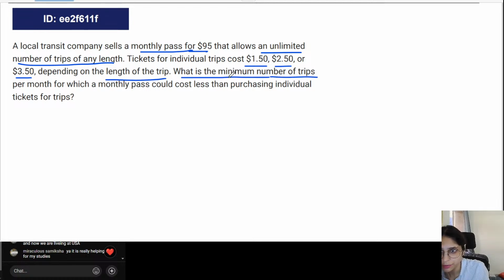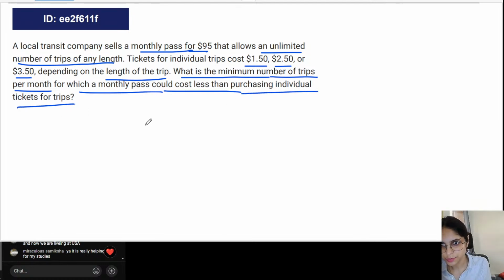What is the minimum number of trips per month for which a monthly pass could cost less than purchasing individual tickets for trips? So basically, the monthly pass is less than individual trips. And they want to know the minimum number of trips.